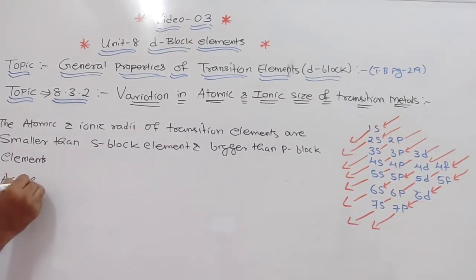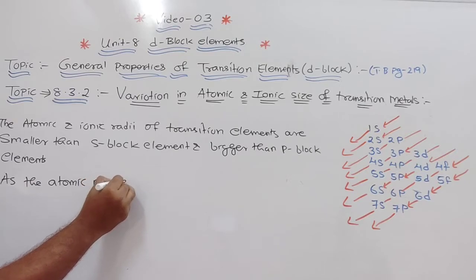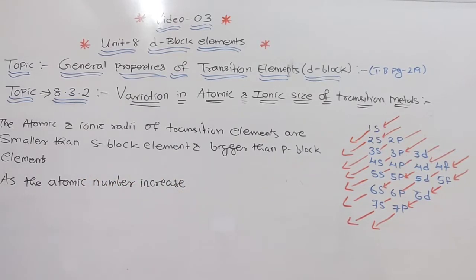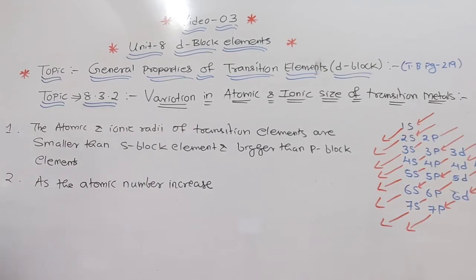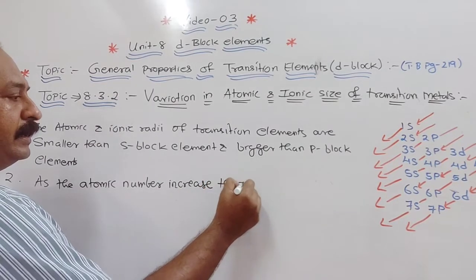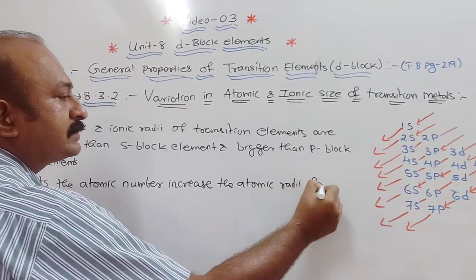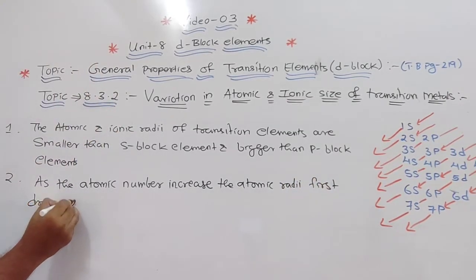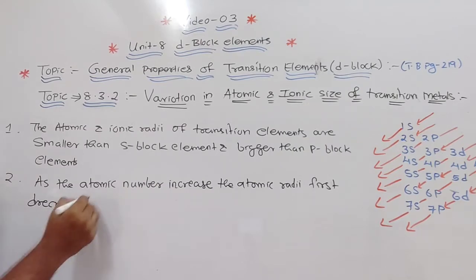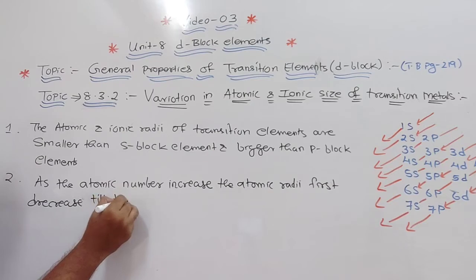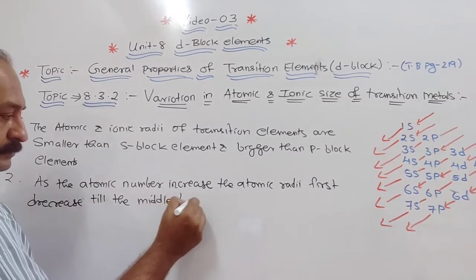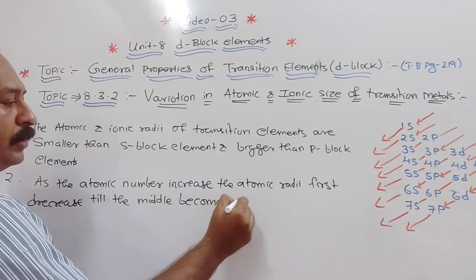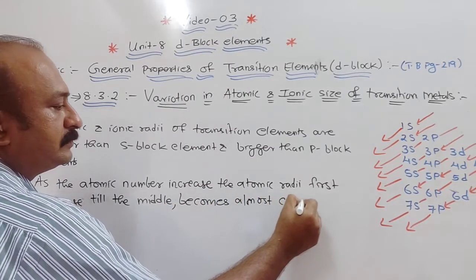You can write down: as the atomic number increases, the atomic radii first decrease till the middle of that series, the first transition series, and then it becomes almost constant.